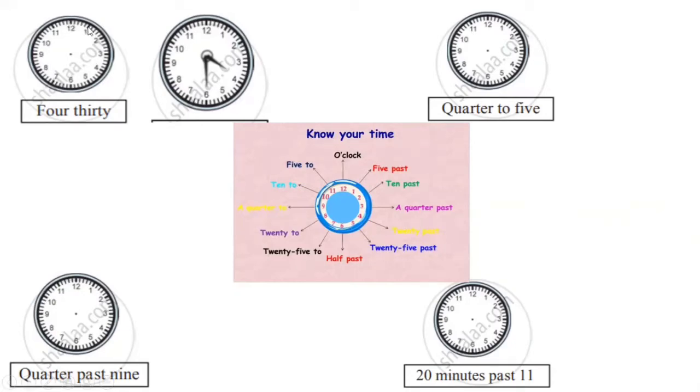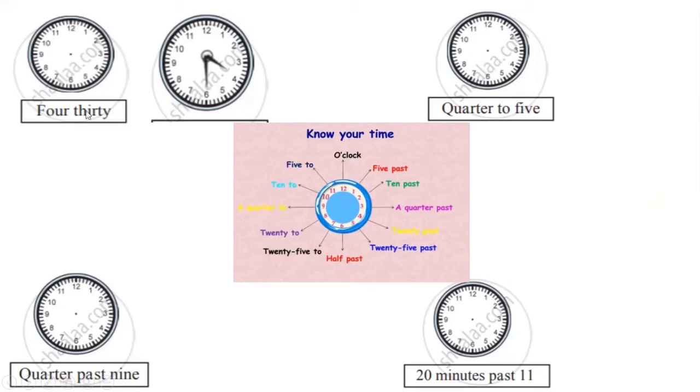Then we add more 5 lines, we get 10, then more 5 lines we get 15, more 5 lines we get 20, 25, 30, 35, 40, 45, 50, 55, and 60.